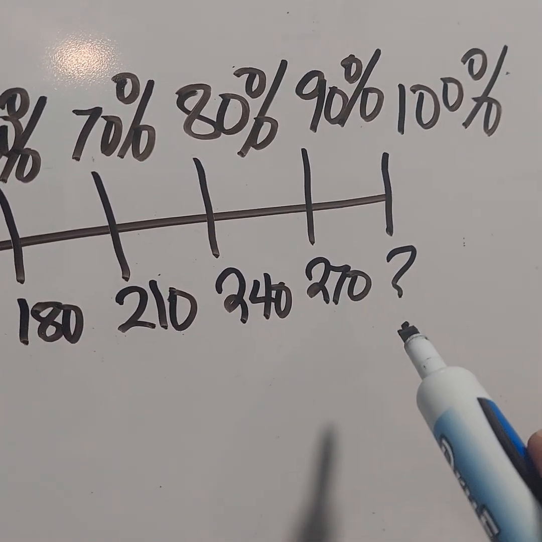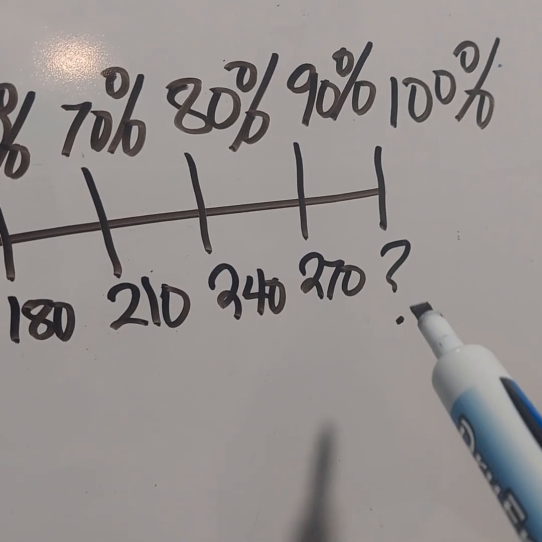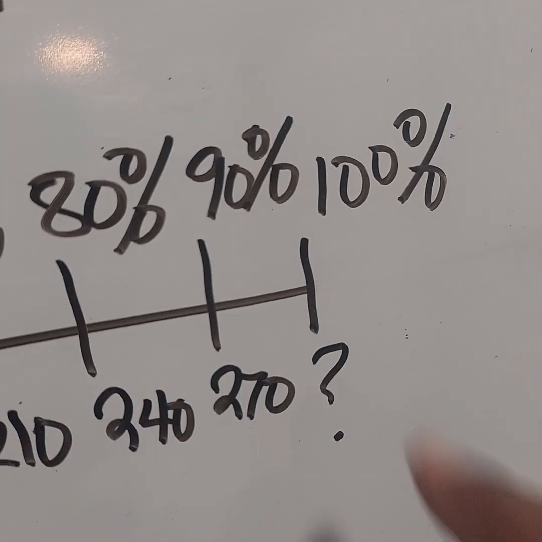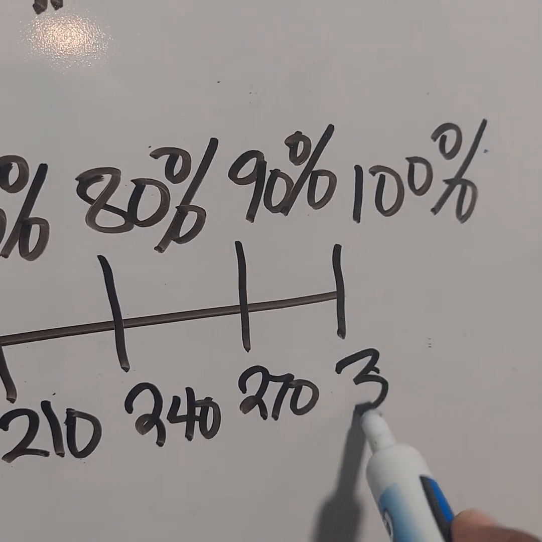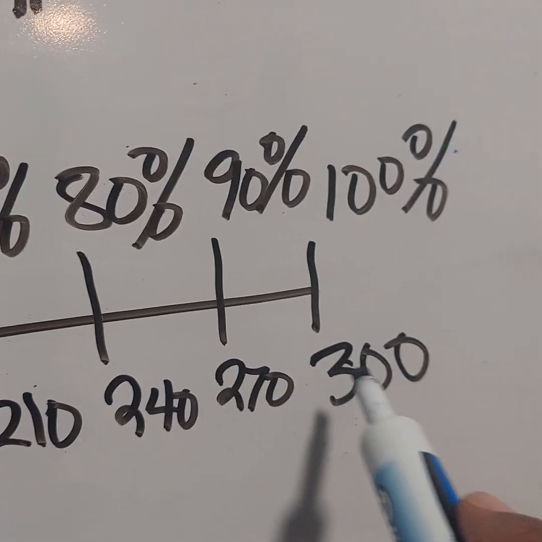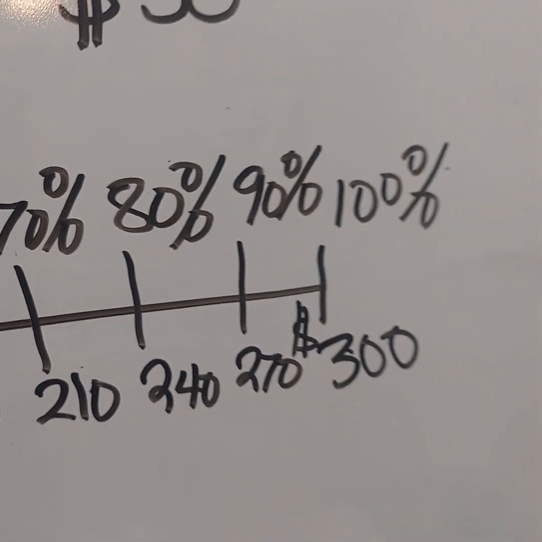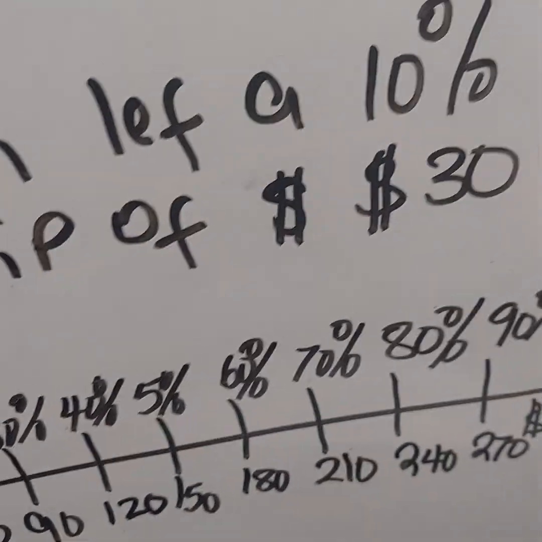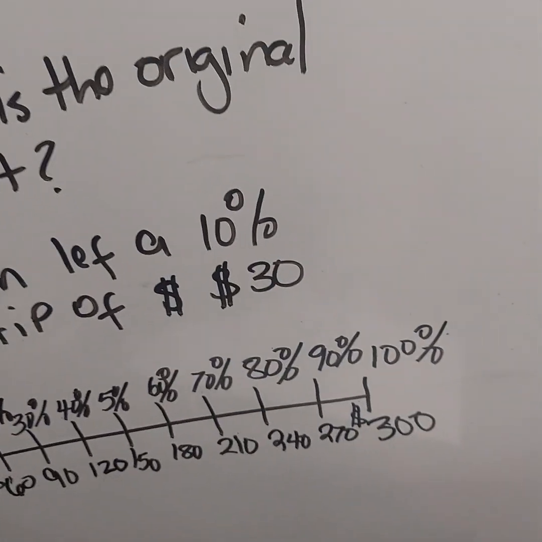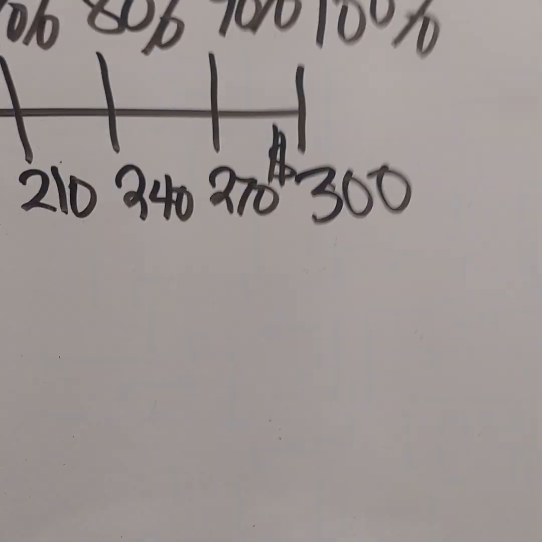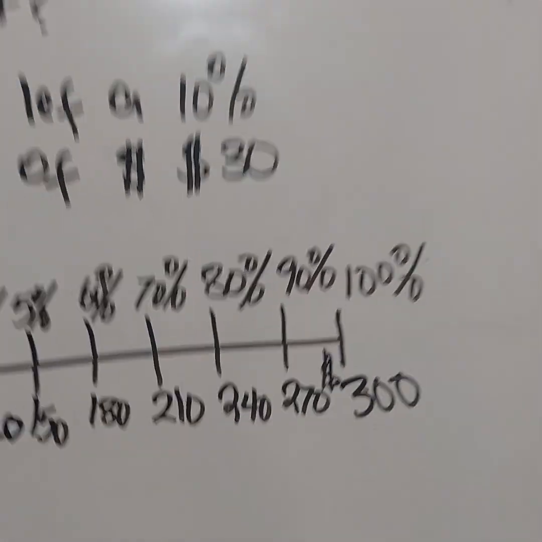And the last one is going to be 27 plus 3, which is 30. So now I'm going to know my original cost. So guess what it's going to cost me? $300. So this restaurant bill cost $300, and I paid a 10% tip.